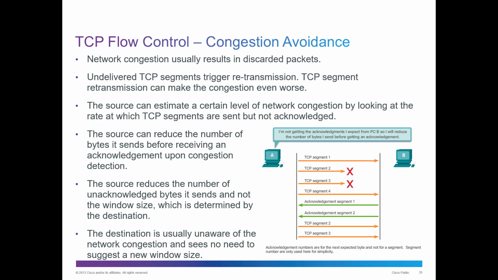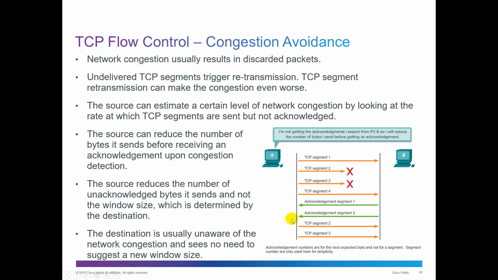So on my source side, as I'm sending things to my recipient, PCA to PCB over here, I'm going to decide I'm just going to send 2 segments at a time now, because as I'm sending 4, I'm getting an acknowledgement back that it can only process 2. It's only acknowledging 2. And I'm having to retransmit all the time, which is going to make network congestion worse. If I'm sending 4 segments and it's only acknowledging 2, there's pretty much 2 segments worth of bandwidth I'm eating up, and I don't need to because they're not being recognized anyhow.